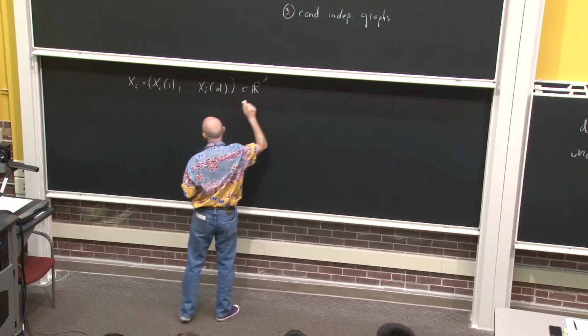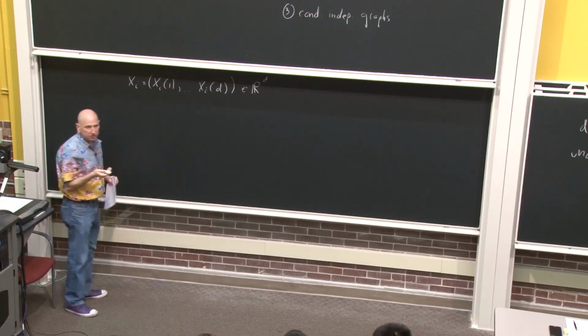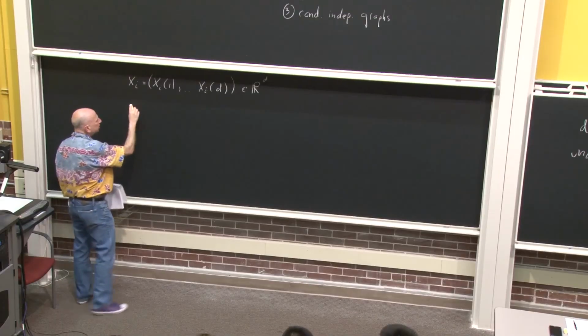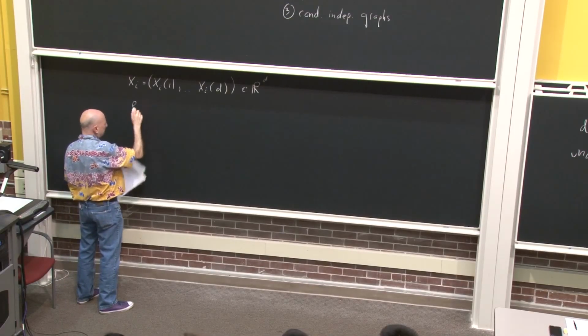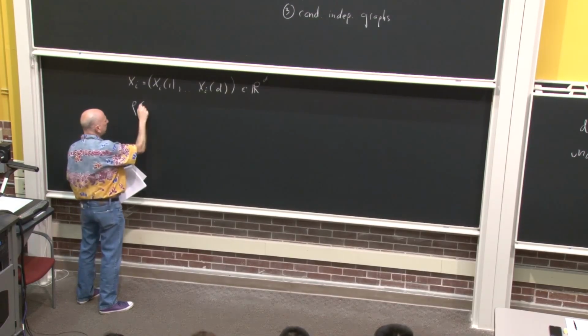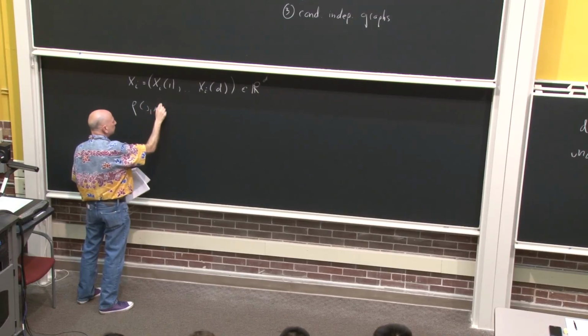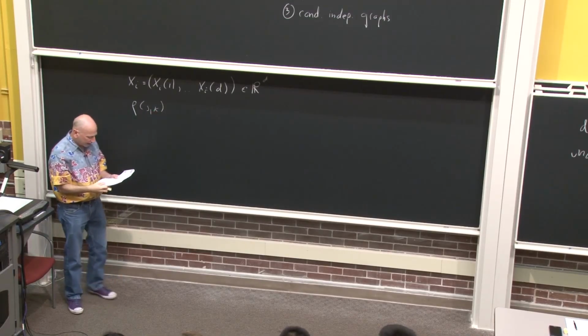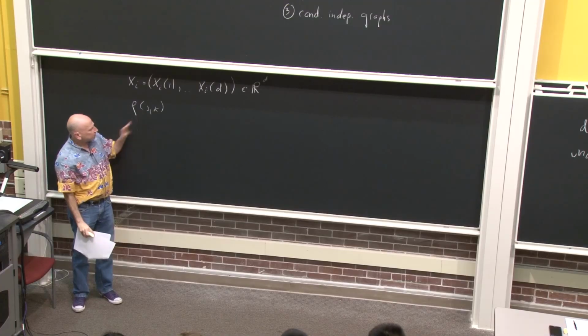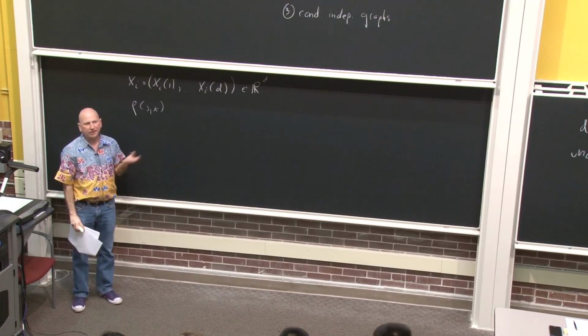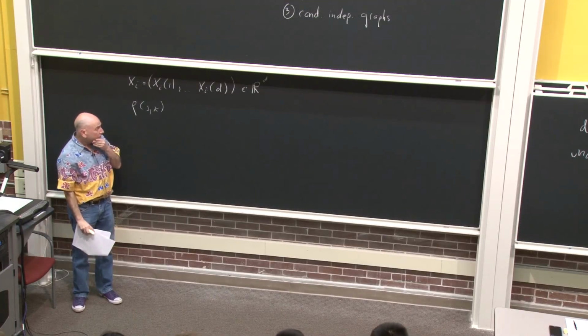And between any two features, we're going to define some notion of correlation or association, which I'll write as rho JK.